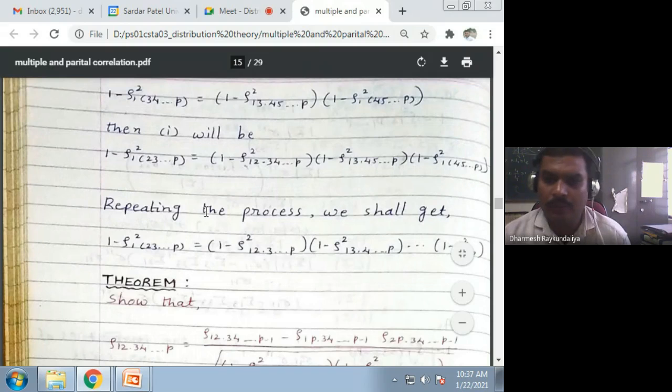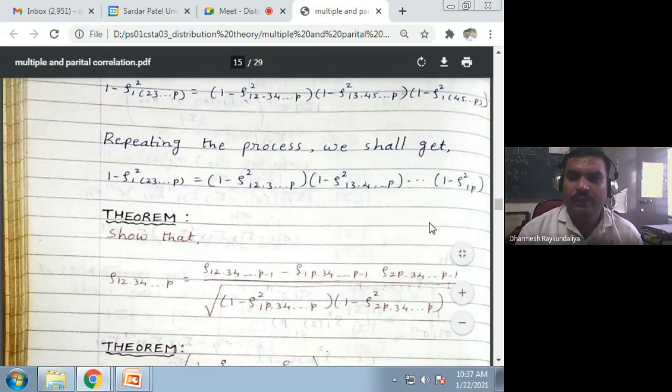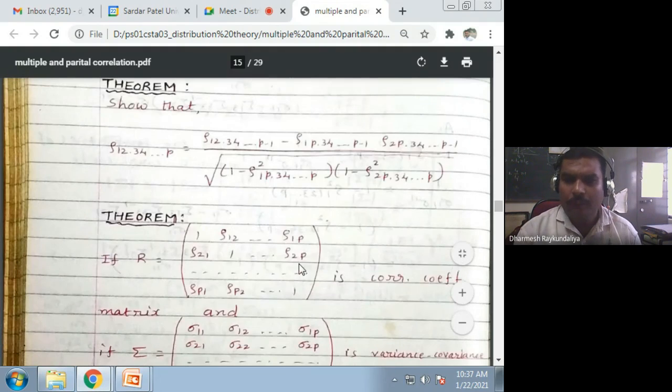So this is a simple correlation coefficient, this is a partial correlation, and this is a multiple correlation coefficient. Well, we will not prove this result, but let us remember it.